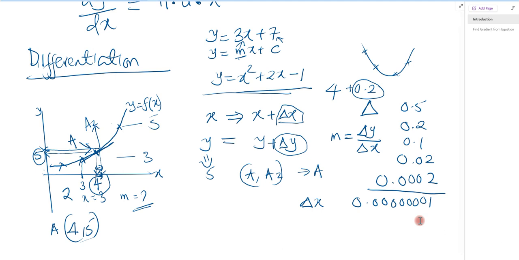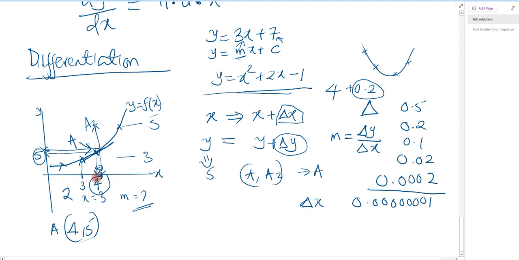That is the principle that finding the gradient of a curve plays with. It says pick any point on the graph, like for example we picked this point A here. At A, find the value of x there. It's something like 4 as an example.